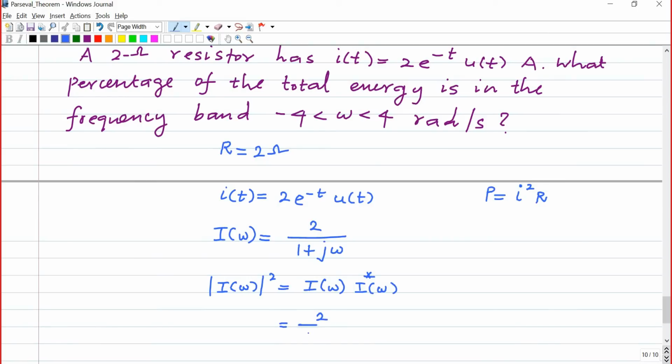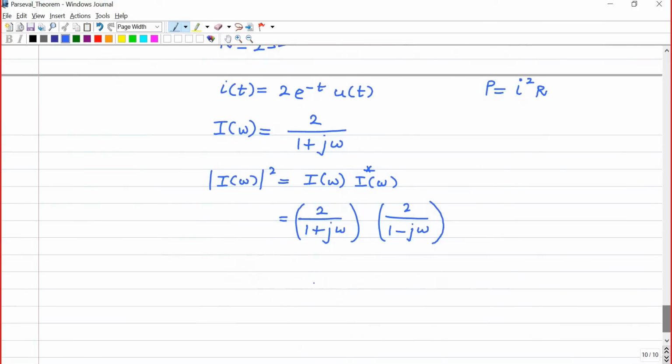So 2 over 1 plus j omega, multiplied with 2 over 1 minus j omega. Okay. So numerator 2 into 2, it's 4. Denominator 1 plus omega square. This is actually absolute of I of omega the whole square.